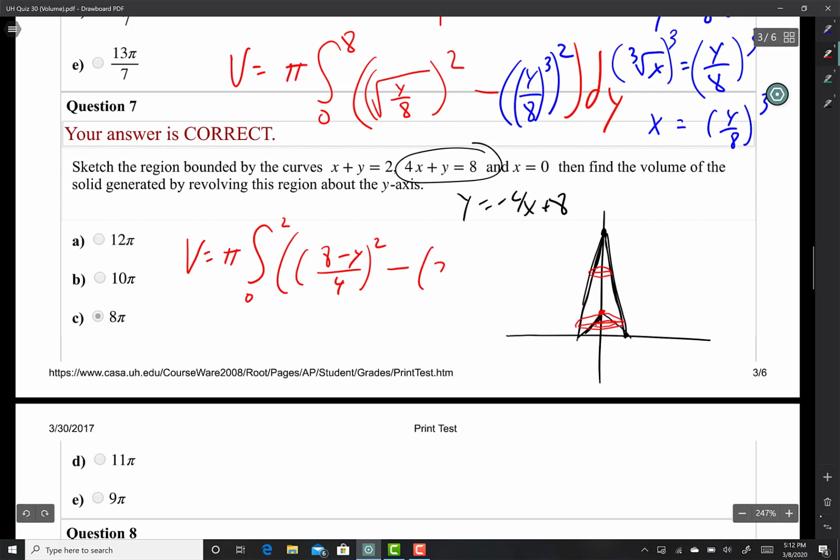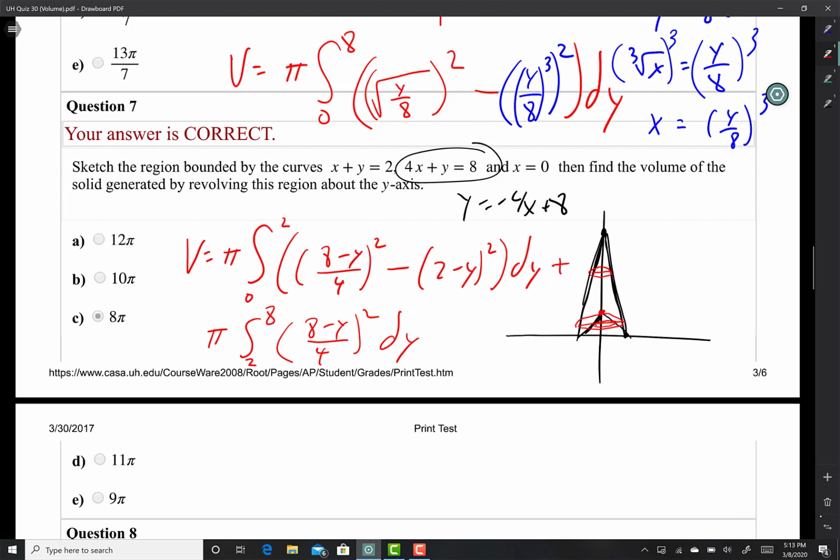So it's going to be 2 minus y, close it squared, close the whole thing, dy, plus, so there's my washer, plus, from 2 to 8, and the radius is just this guy here. 8 minus y, divided by 4, close it, put a square on it, dy.